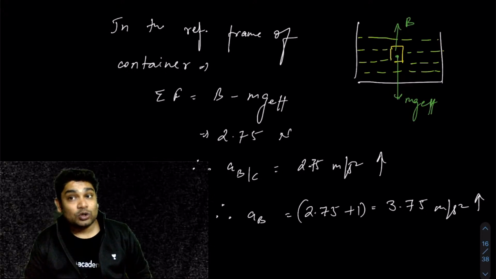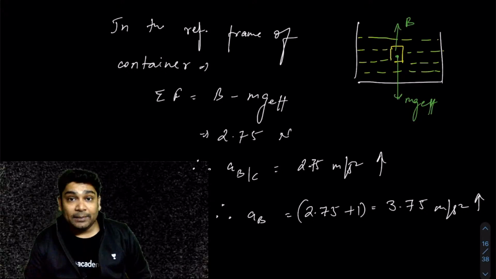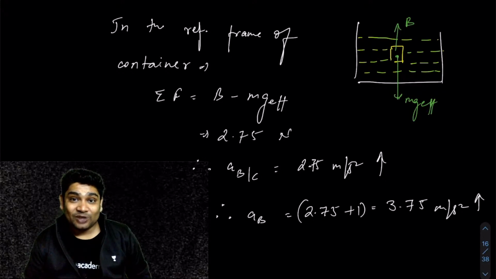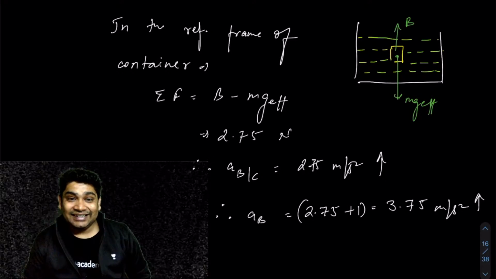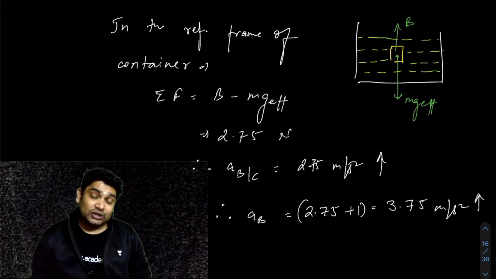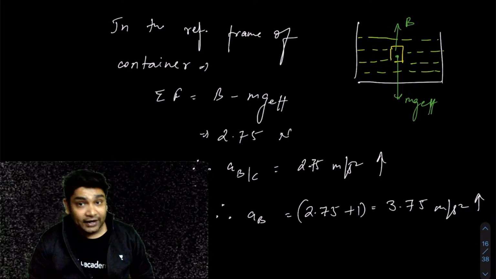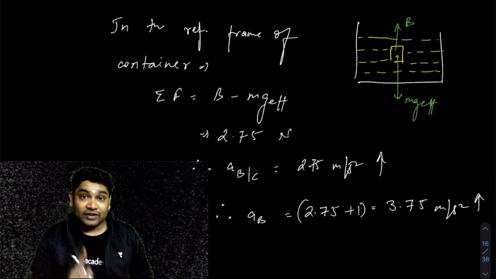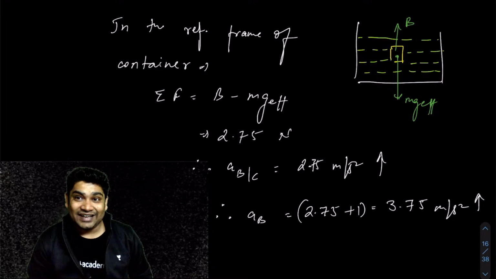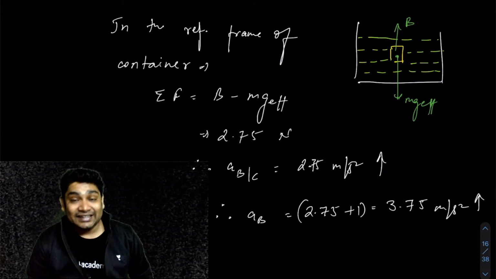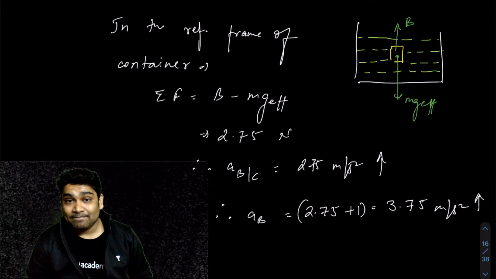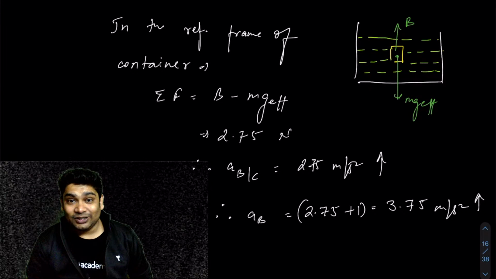Because the pressure also varies not only because of the gravity, because of this acceleration also there will be additional variation in pressure. So the buoyant force would be the weight of the liquid in the reference frame of the container. Okay, that is why it is important to calculate this in the reference frame of the container. Okay, I hope you are clear about that.